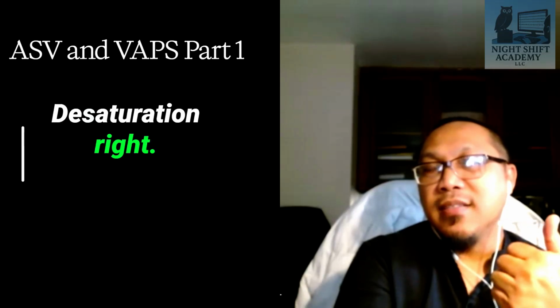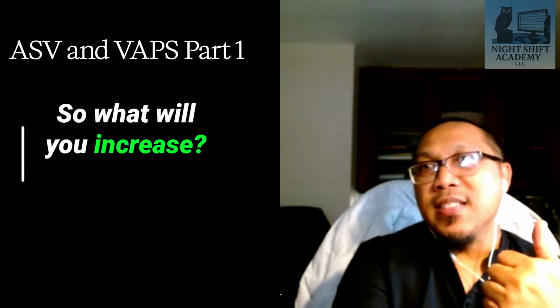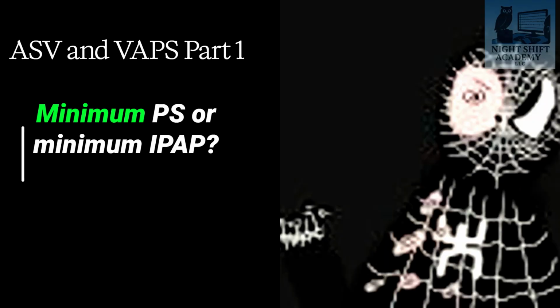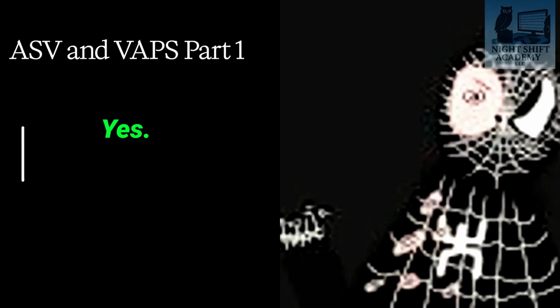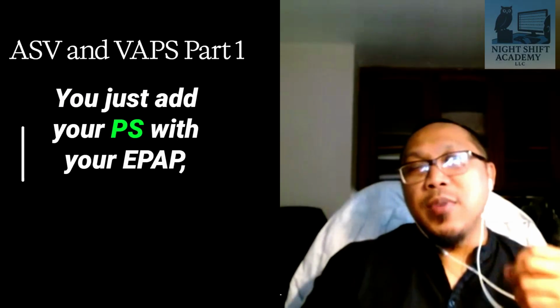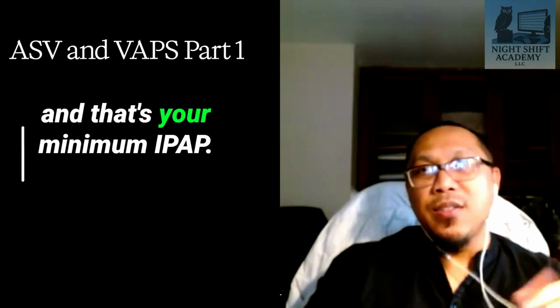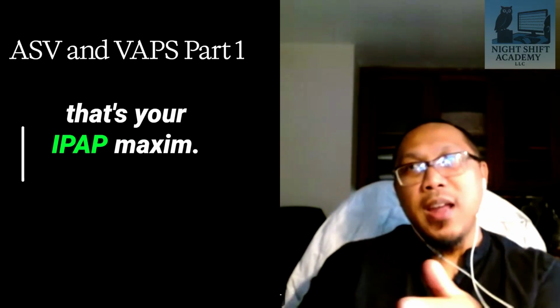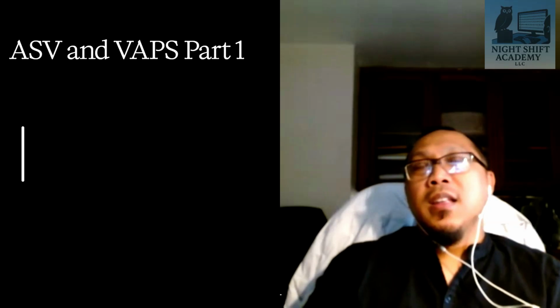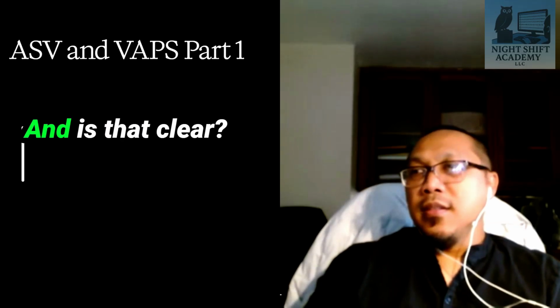Desaturation. Right? So what will you increase? Yes, minimum pressure support, or minimum IPAP. Yes, it's the same. You just add your pressure support with your EPAP, and that's your minimum IPAP. You add your EPAP plus your maximum pressure support, that's your maximum IPAP. Nice. Right. Okay. Is that clear?